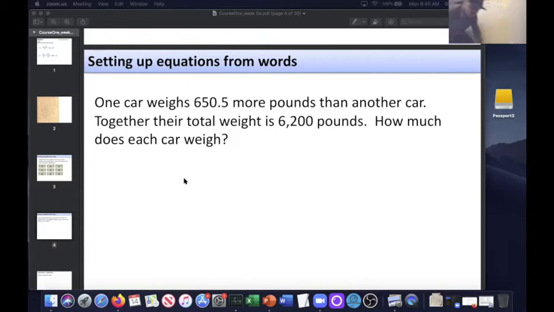All right. Anybody want to share their solution or type it in the chat?